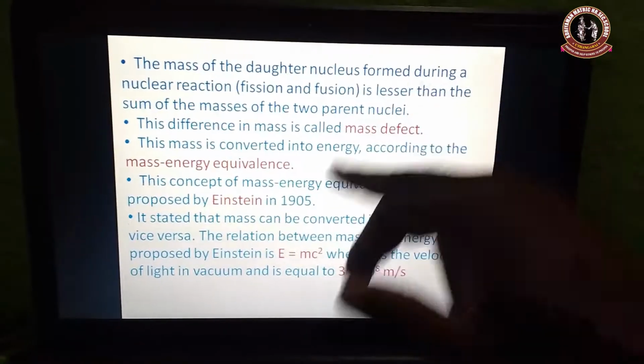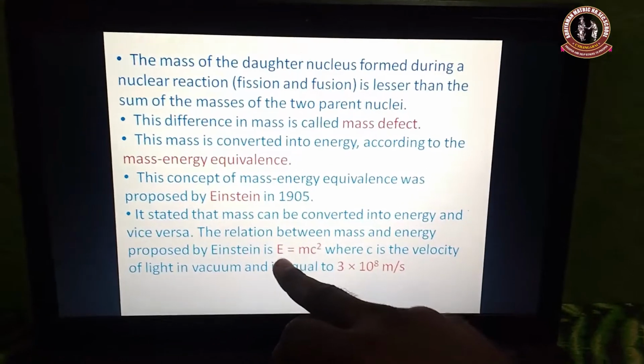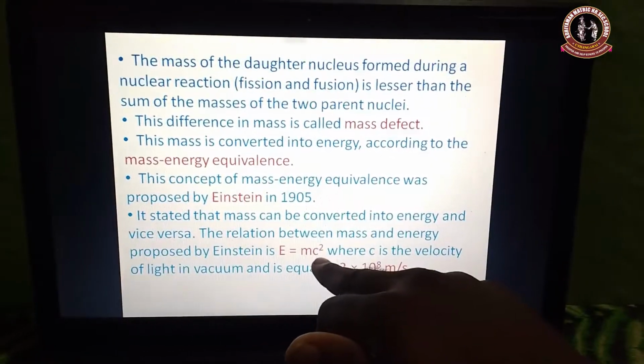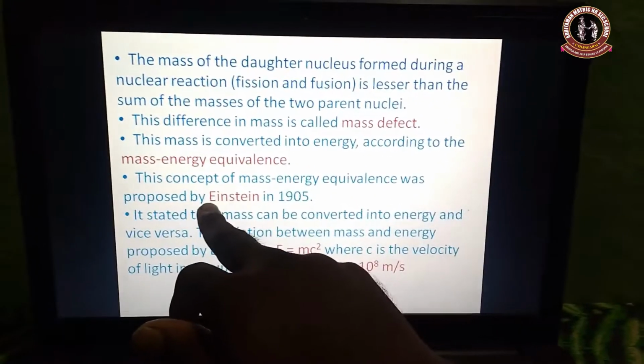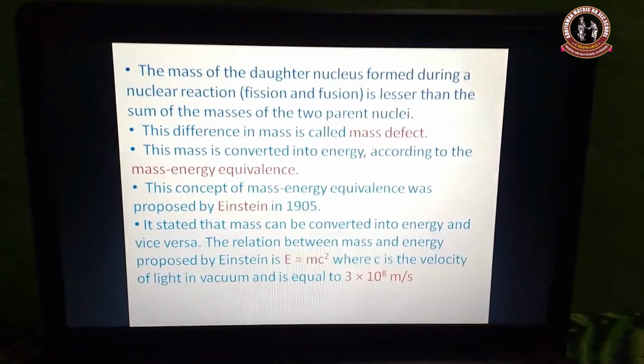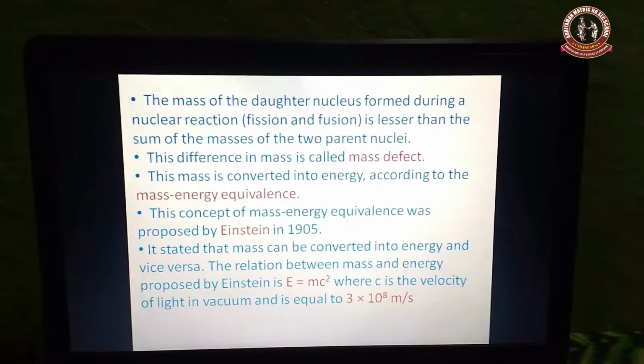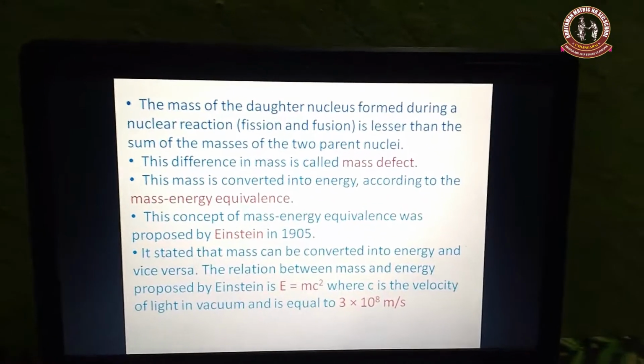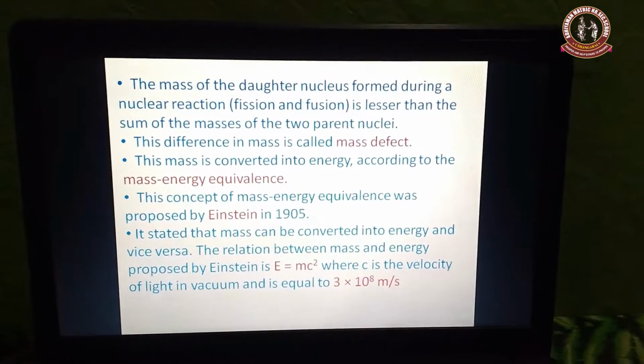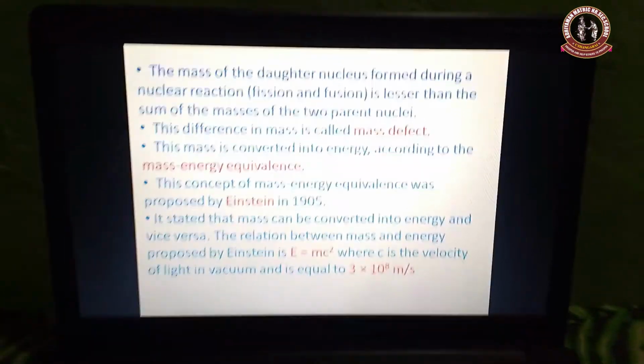How to calculate the energy? The formula is E = mc². Who gave that formula? It was given by the scientist Einstein. This formula is called the mass-energy equivalence formula. Remember, children, the formula E = mc².